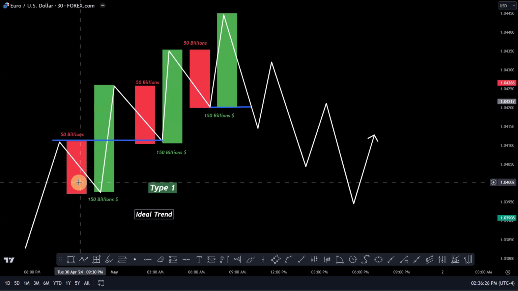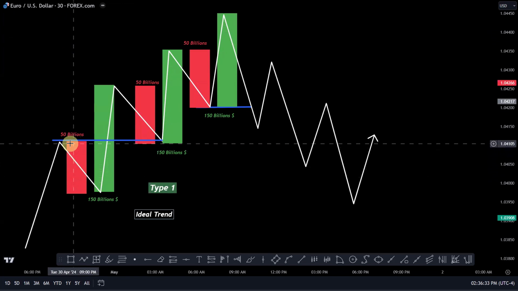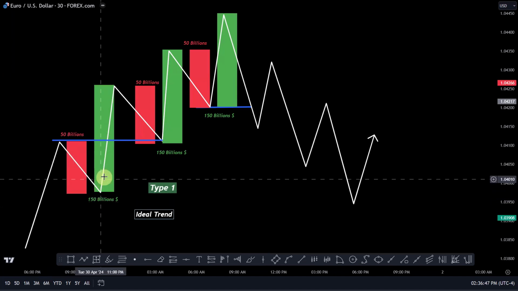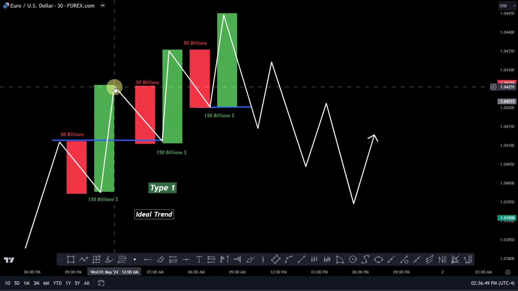As the trend on those lower time frames has changed, every indicator or every strategy they are using will display a sell signal. So they will start opening sell orders there. And when that liquidity becomes equal to $150 billion for sellers, then the institutes will successfully be able to open a position of $150 billion, which is gonna make the price go up.